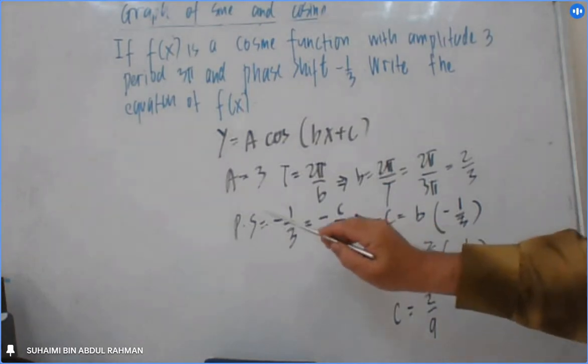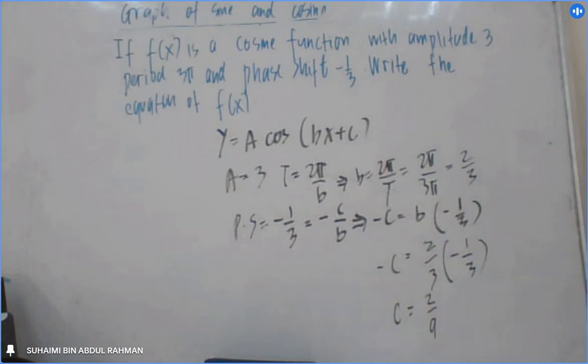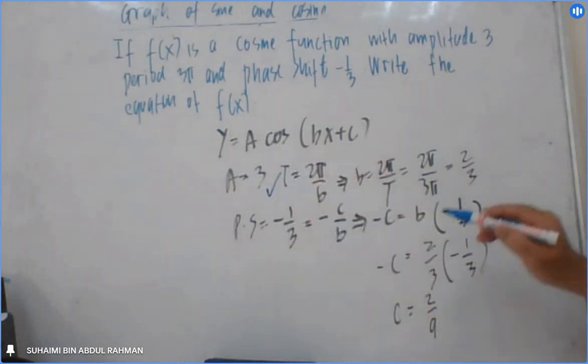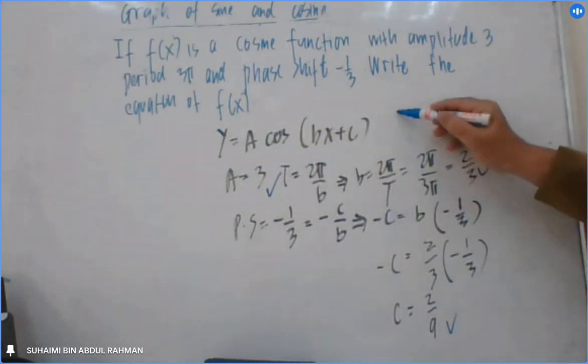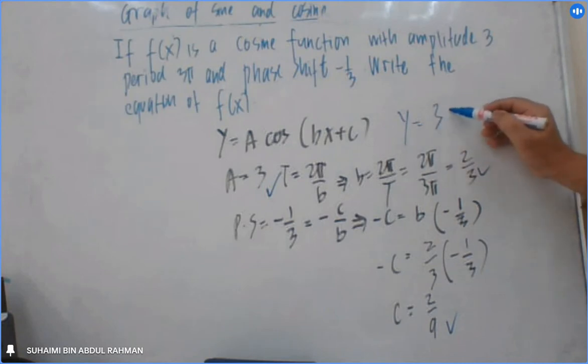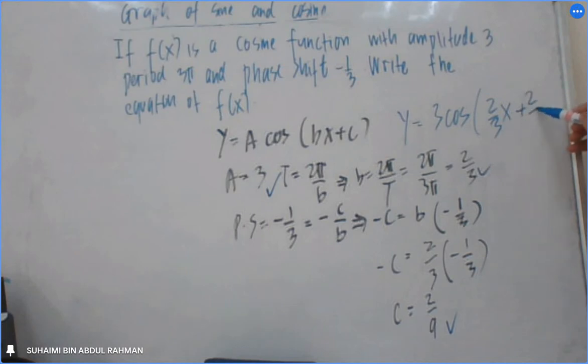So we get the values of A, B, C. Therefore, this equation can be written as y equal to 3 cos 2 over 3x plus 2 over 9. Now, only a method that we need to know is what are those values of A, B, and C.